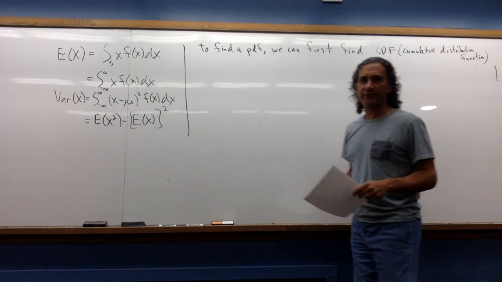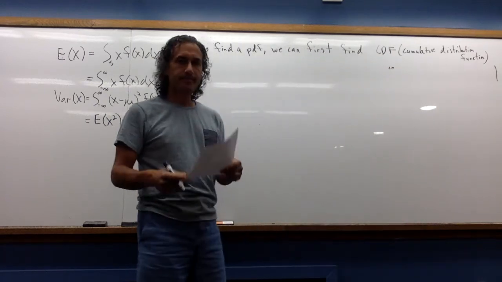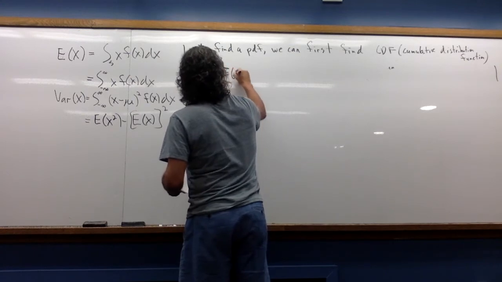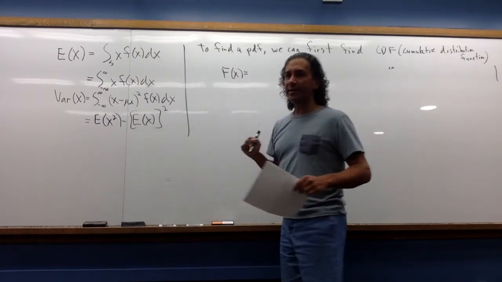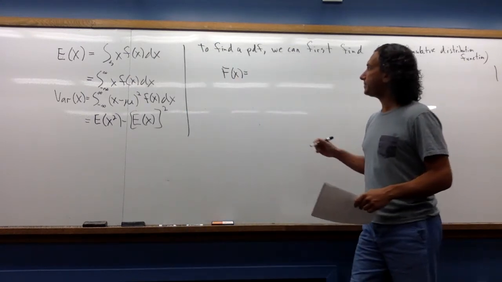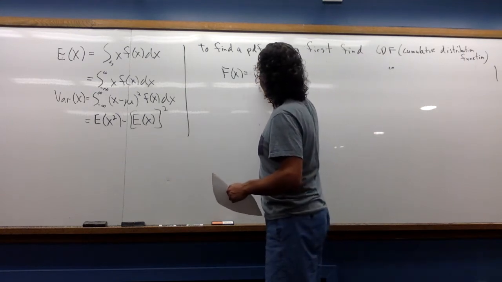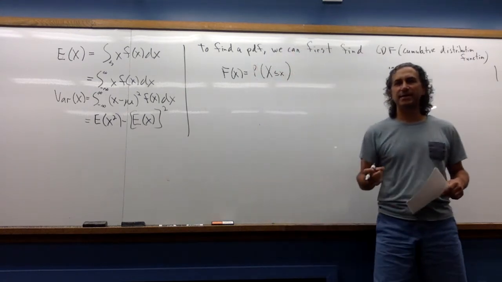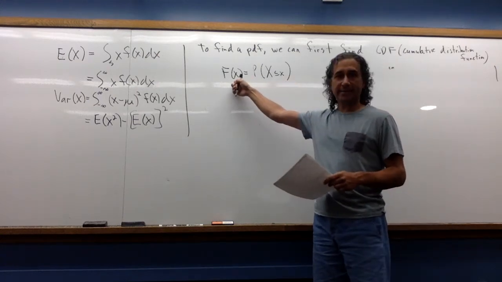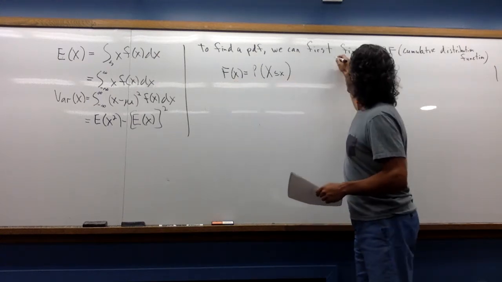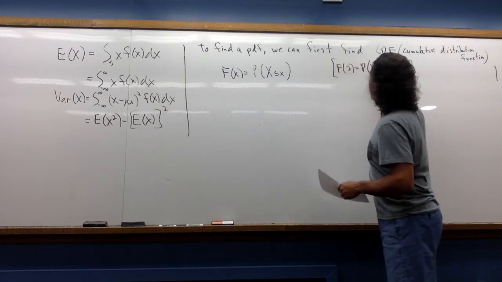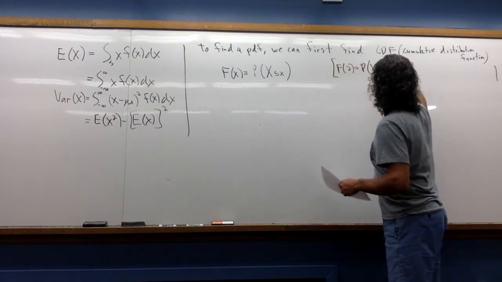The name describes exactly what it is. This guy is a capital F of x, and it is defined as the probability that a random variable is less than or equal to a particular x. So, for example, big F of 2 is the probability that x is less than or equal to 2.